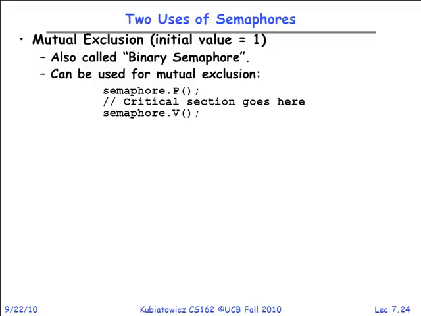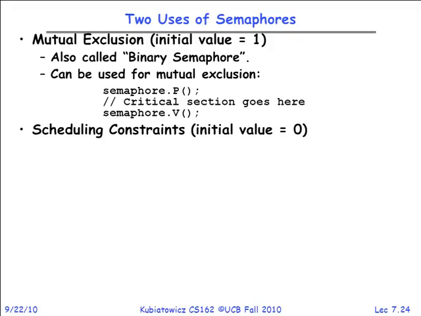The next guy tries to acquire the lock, they go to sleep. As soon as I exit, I execute semaphore V, and now I wake up the guy who was sleeping on P. So this is exactly a lock. What's the other word that's used for this idea? Mutex.